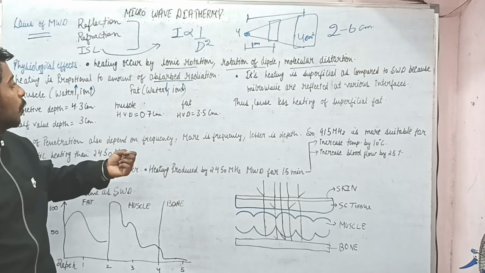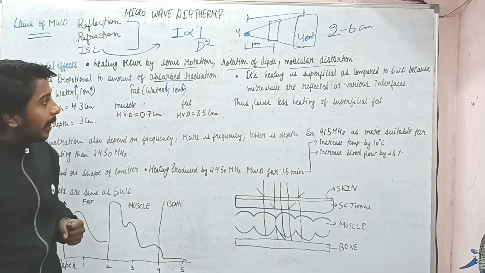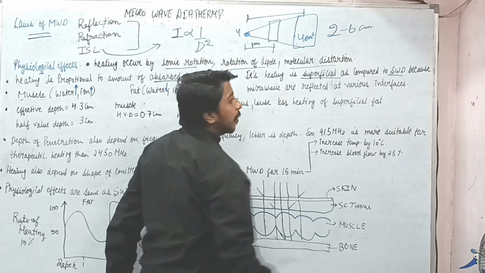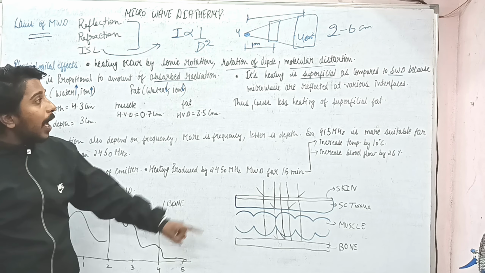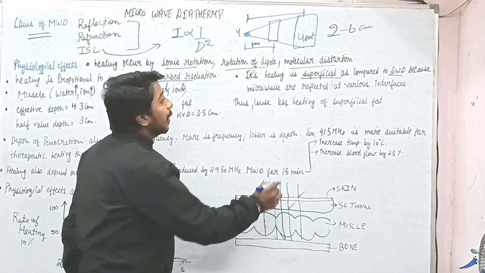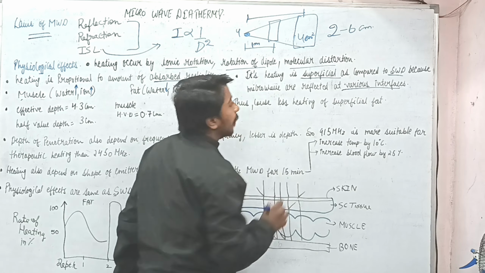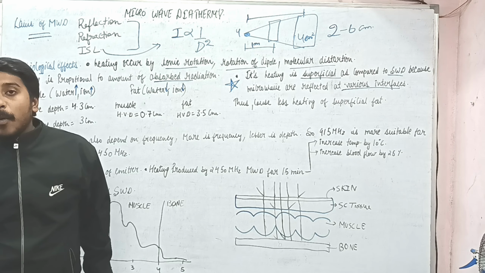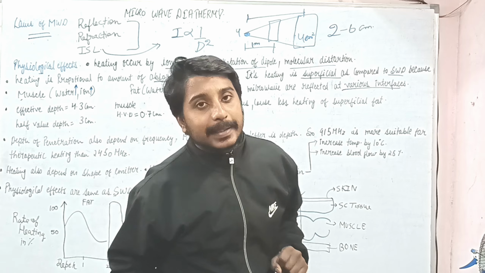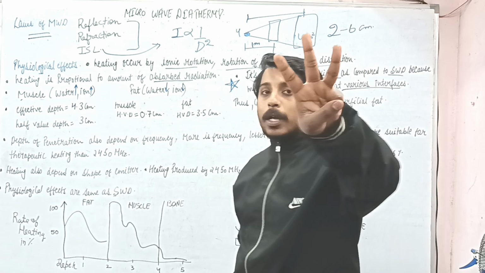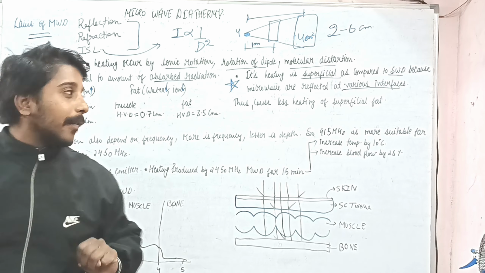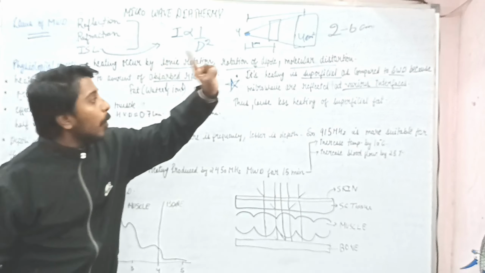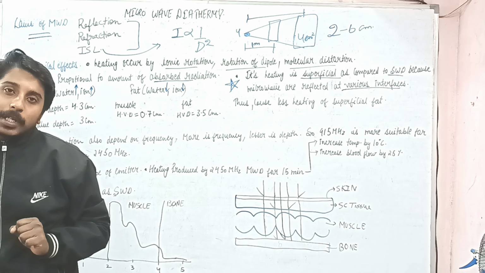More will be the absorption, more will be the heating, and its heating is superficial as compared to SWD. Why? Because microwaves are reflected at various interfaces. Yes, this particular point is very important for us. I said that heating occurs due to 3 things in our body: ionic rotation, rotation of dipole and molecular distortion.